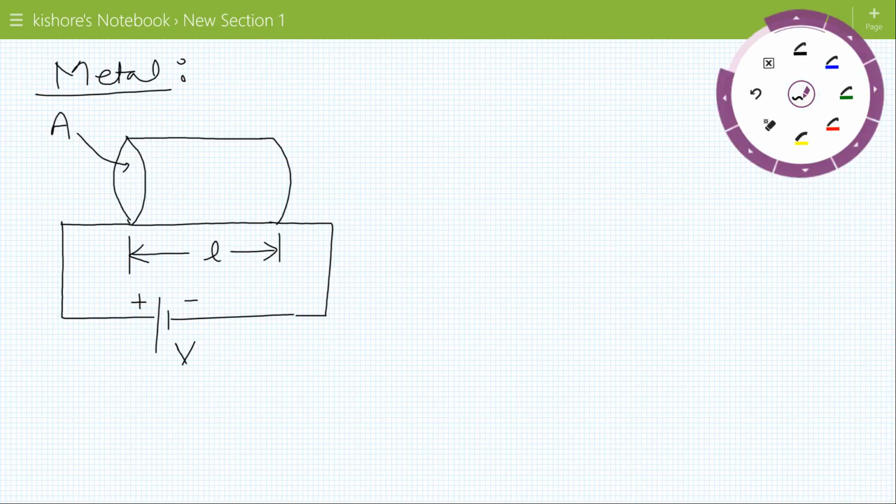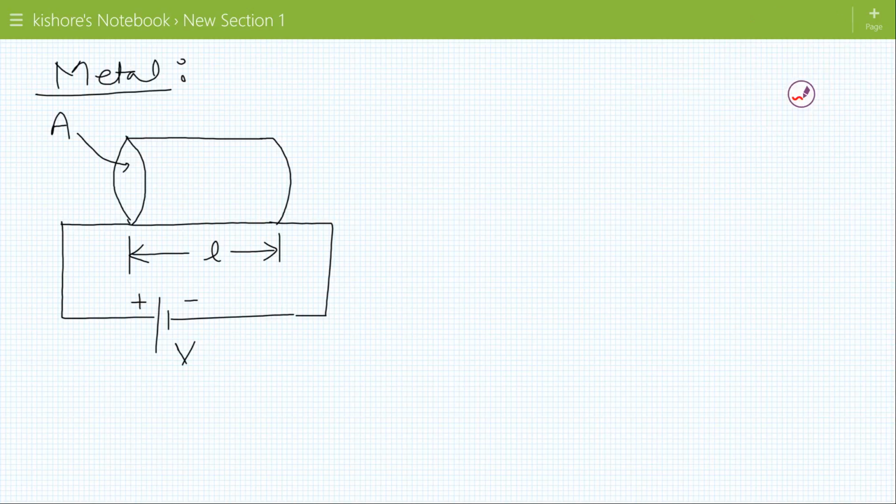V, and capital N is the number of free electrons or valence electrons, because in case of metals, valence electrons are the conduction or free electrons.